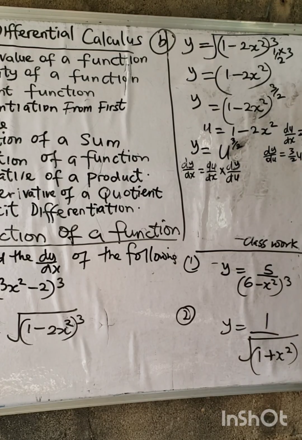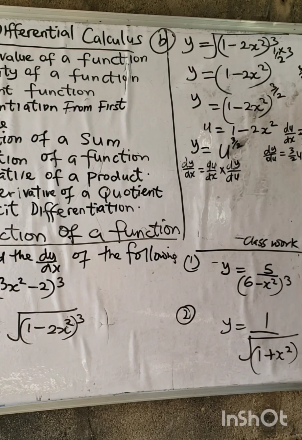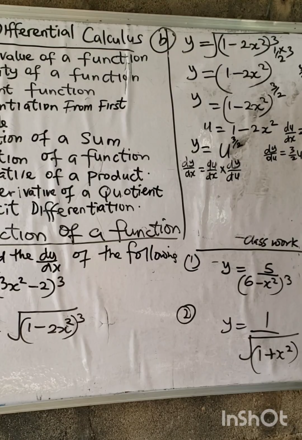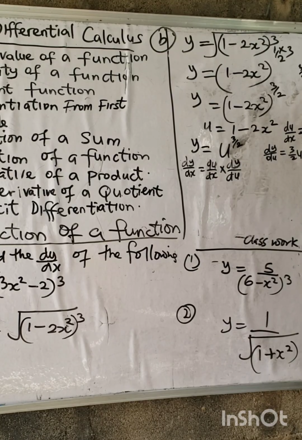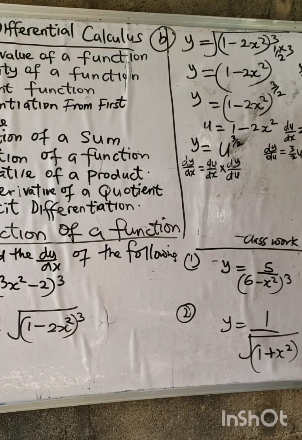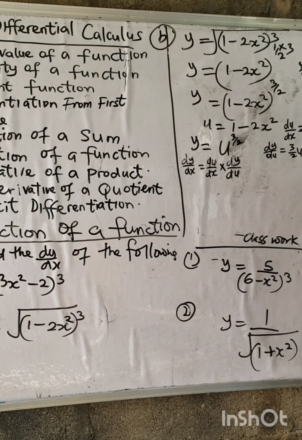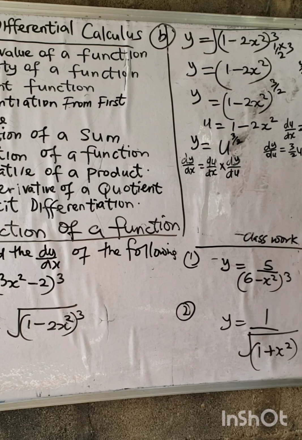You need to subtract it. 3 over 2 minus 1: find the LCM, which is 2. 2 into 2 is 1, times 3 is 3, minus 1 times 1, that's 3 minus 1, which is 2 over 2, and that is 1.